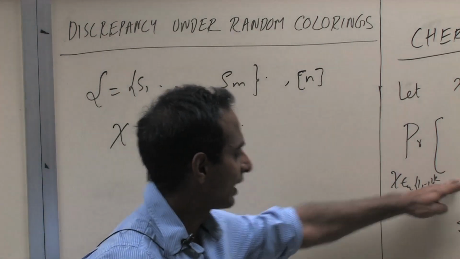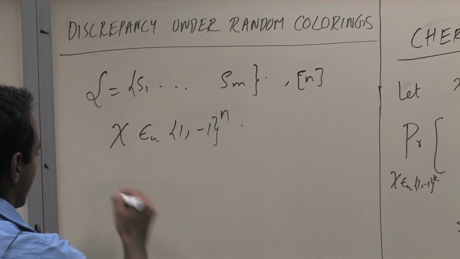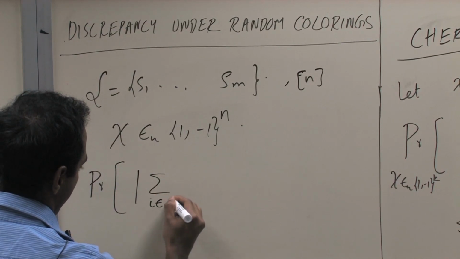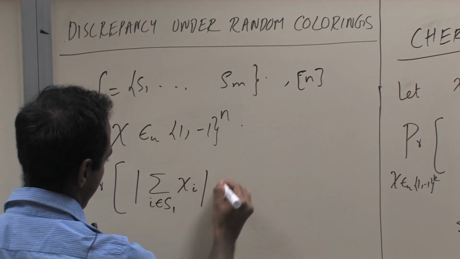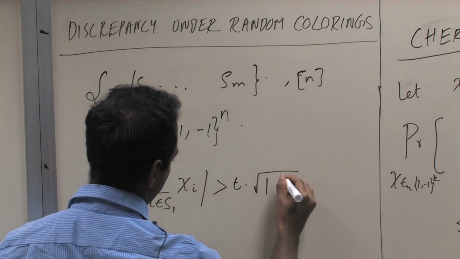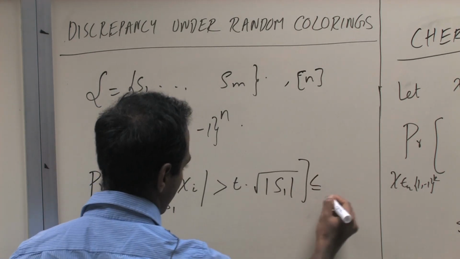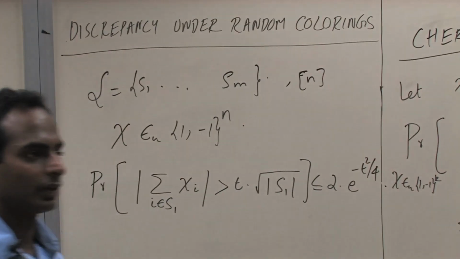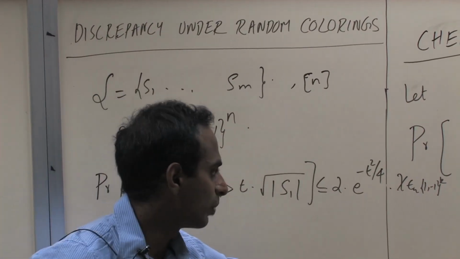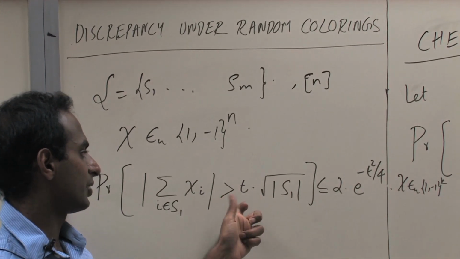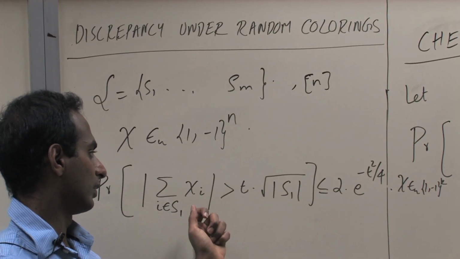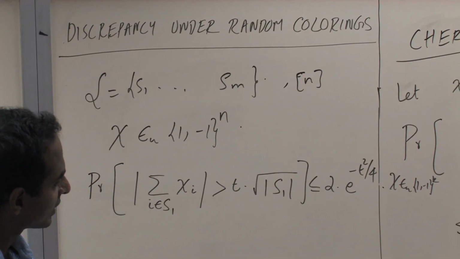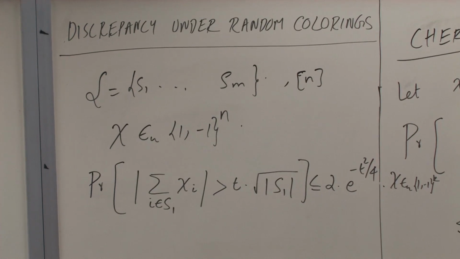So if I apply this claim to the first set, then I get the probability that, okay. So I just use the Chernoff bound to bound the probability that you're t standard deviations away for this sum. Okay, and I can write down similar inequalities for all of the m sets.